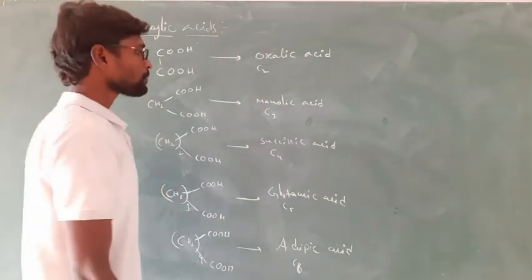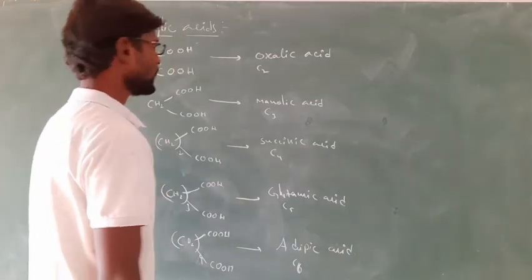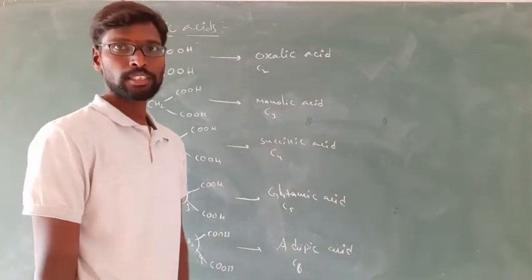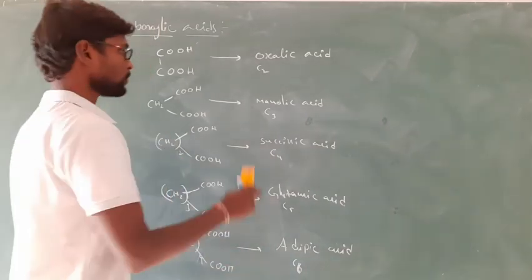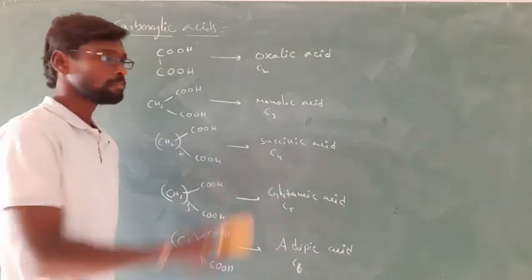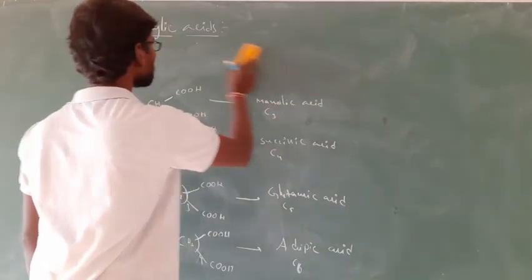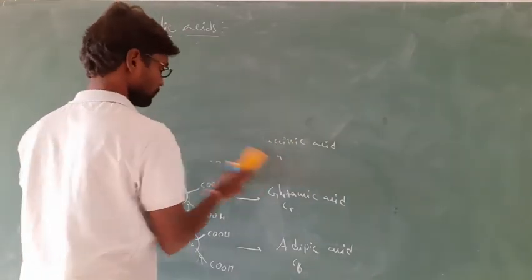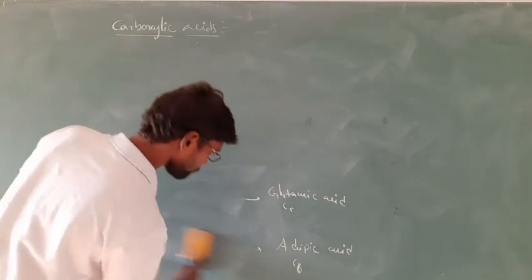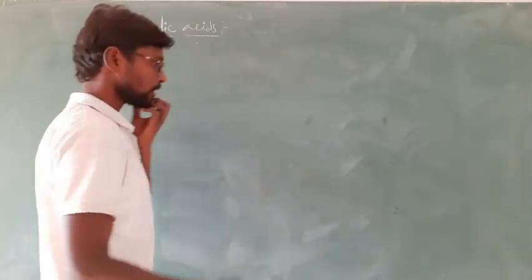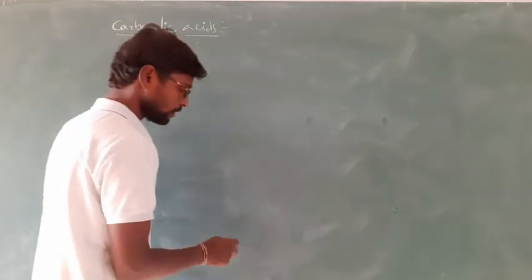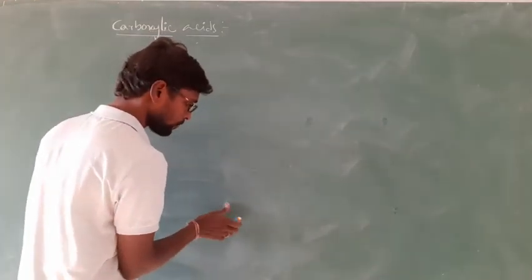Next thing, we will write some more important dicarboxylic acid names with the structures. I'll write it up, so for that I have to rub this one. So what are the basic dicarboxylic acids? Oxalic acid, right?